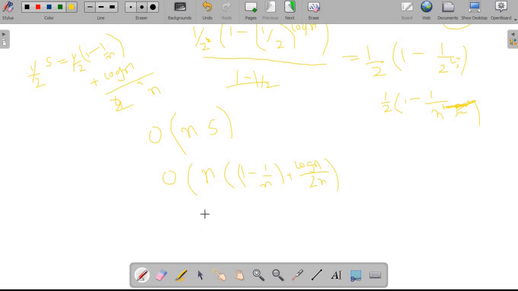When we open this up, we get n minus 1 plus log n by 2. When we take the big O of this, the one with the highest degree is n, because this is constant and this is logarithmic, which is less than linear. So over here we can see that order of n has come, and this is tighter than n log n.